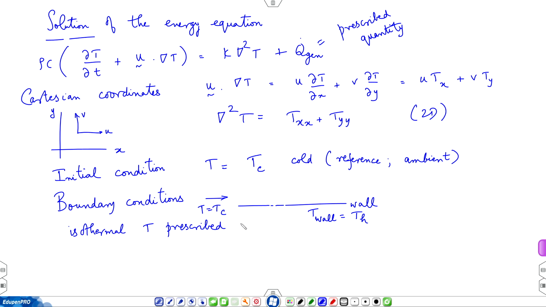The second type of boundary condition is when heat flux is prescribed. Heat flux is Q, but now we are talking about the wall heat flux, which is Q wall.